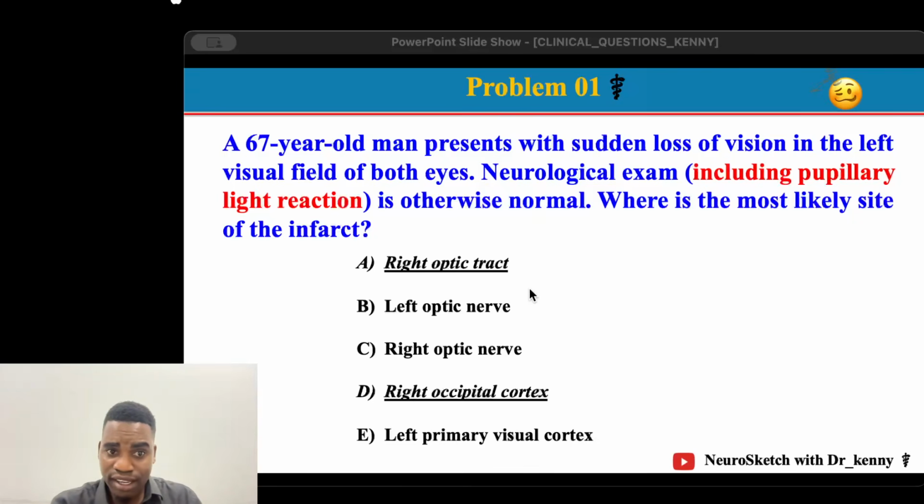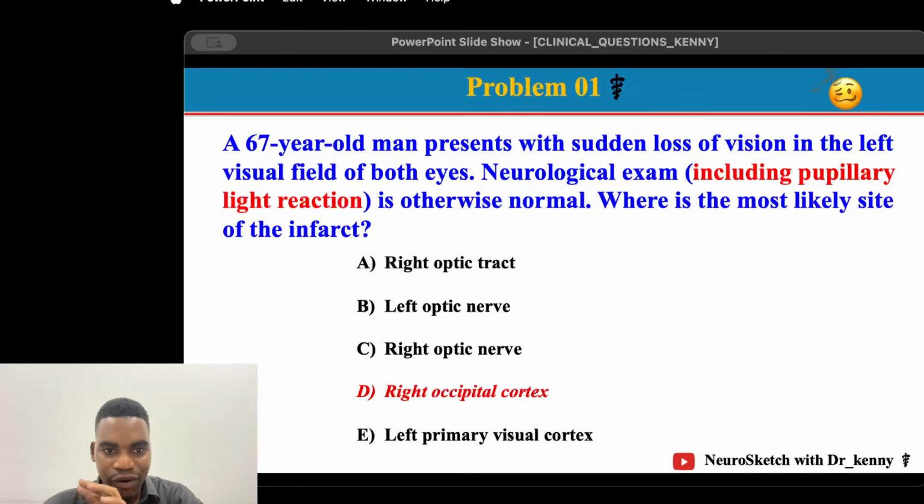So this is to say, if the pupillary reaction is okay, the optic tract and the optic nerve are completely fine. For you to have a normal pupillary reaction, you need to have your optic tract intact. So it means the right optic tract has got no problem, and the answer will then be the right occipital cortex.